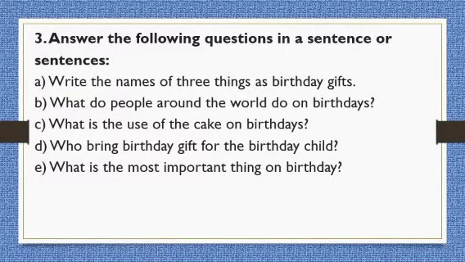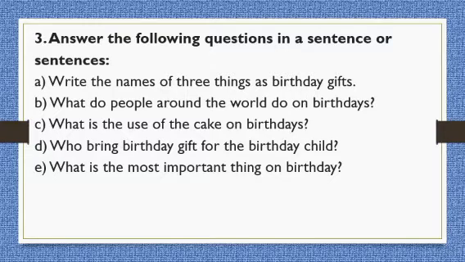Now, exercise number 3. Answer the following questions in a sentence or sentences. For this exercise, like the last exercise, true false, you also have to get information exactly from the text.